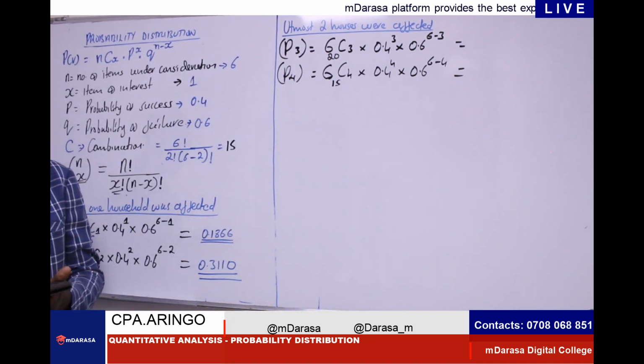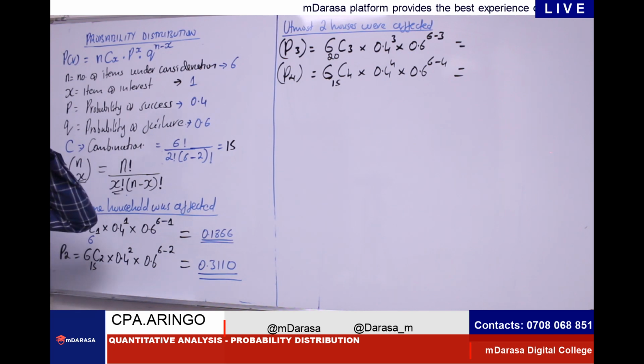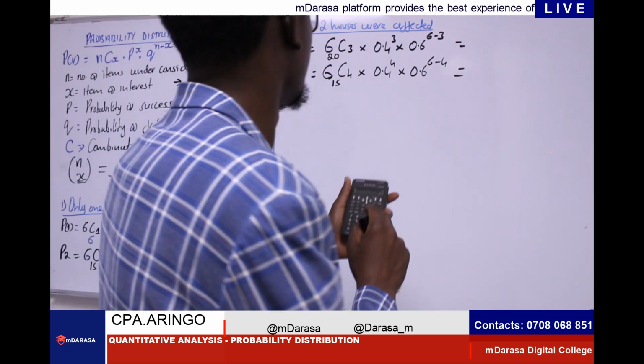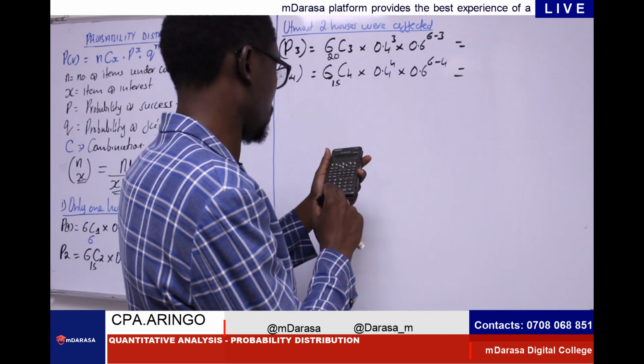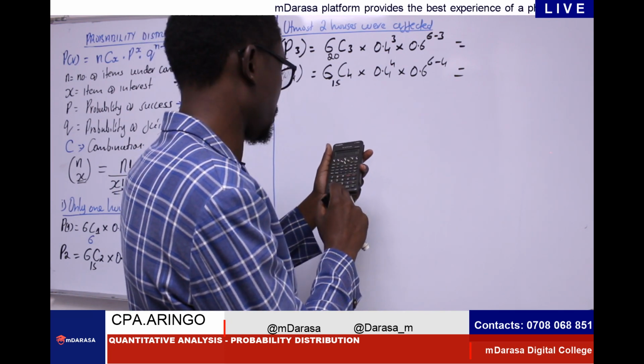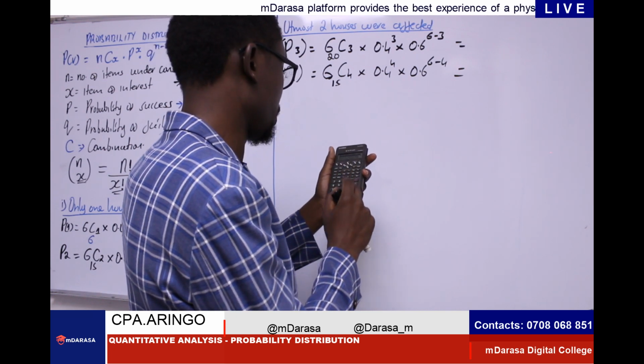So if we have that, what will we have here? At this point, I should be talking of 20 times 0.4 raised to power 3 times 0.6 raised to power 3.